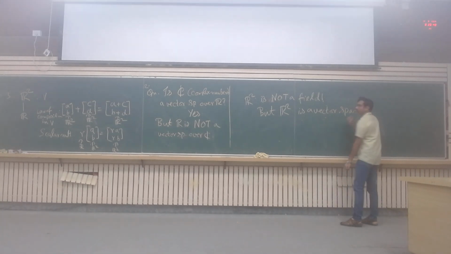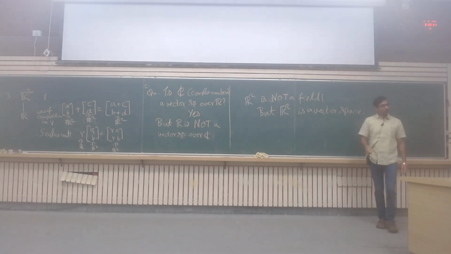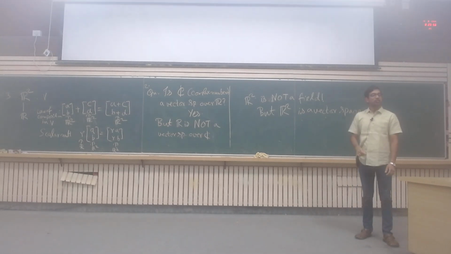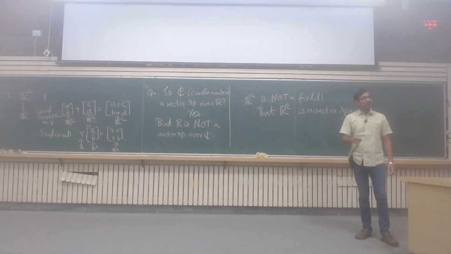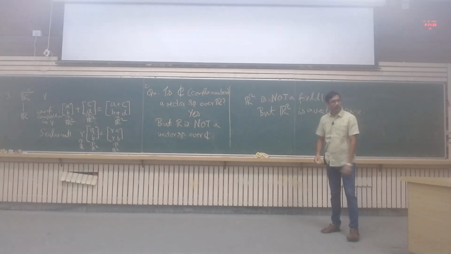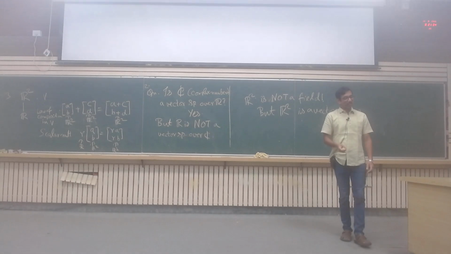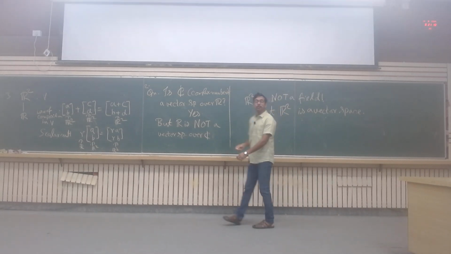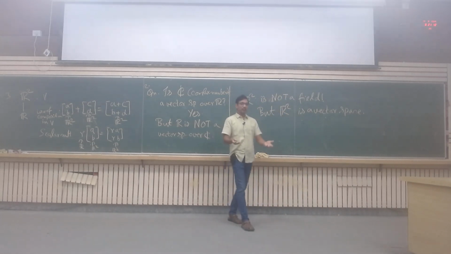But you can simulate complex numbers by R2. Yes. Well, there's a difference between the complex numbers and R2. In complex numbers, you can multiply. If you define the multiplication in some manner on R2, that is, if your multiplication is not pointwise multiplication, then you can give it a field structure.